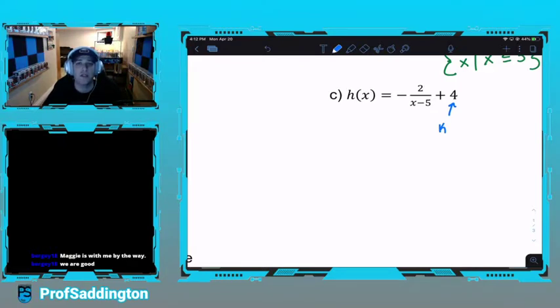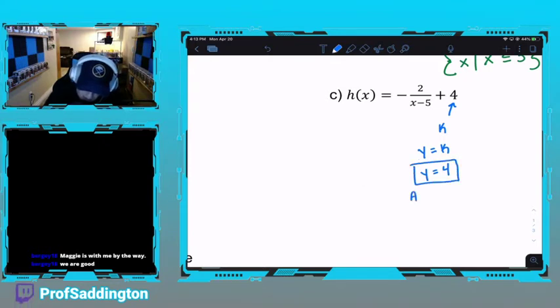Now when you're looking for an asymptote, y is equal to that k value. And that just means that when you find that solution, when you find out what k is, that means there is no answer at that y. So I'm going to write down y is equal to 4, since we know k is equal to 4. So again, this right here is called an asymptote.